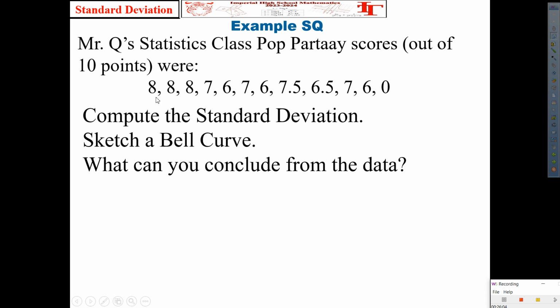Let's see, how many groups were there? 1, 2, 3, 4, 5, 6, 7, 8, 9, 10, 11, 12 groups of 2 or 3. Doable. But check this out. Look at these scores, out of 10 points. So, I mean, someone wasn't doing their homework or something.